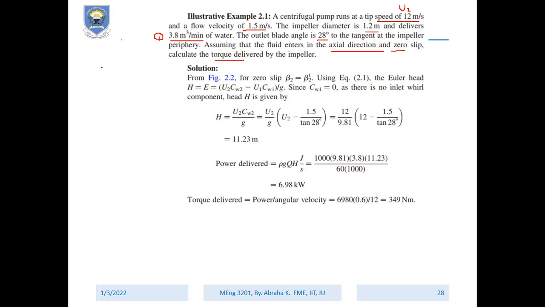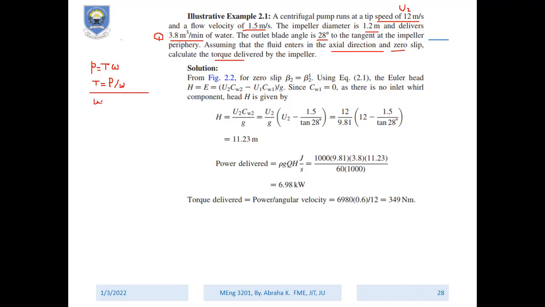So directly we can say that power is equal to torque multiplied by the angular velocity, and from this we can calculate the torque to be power divided by the angular velocity.